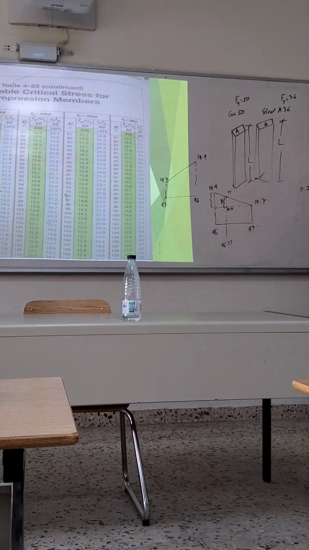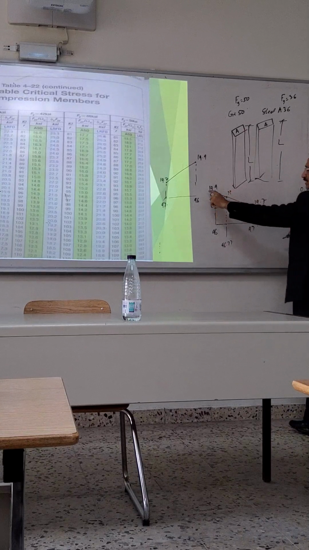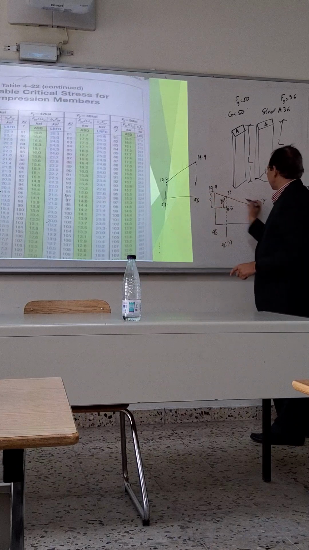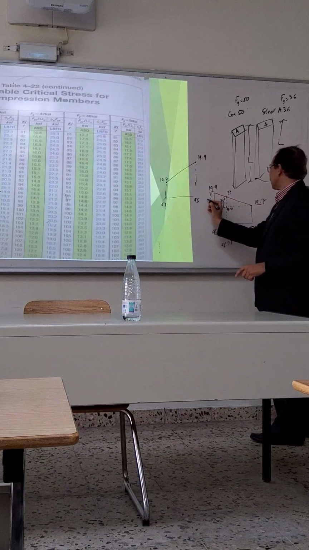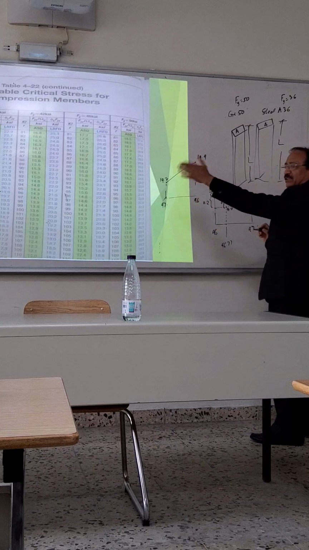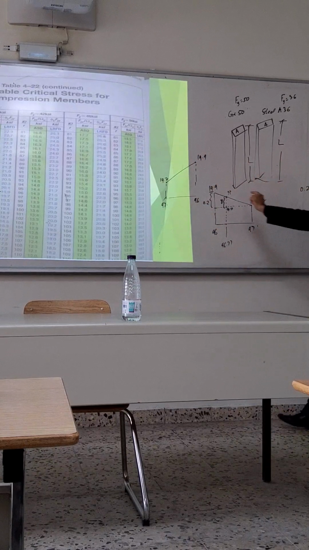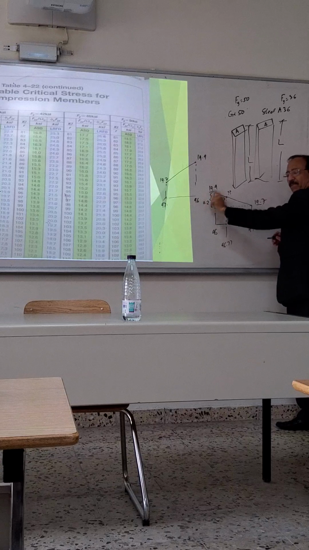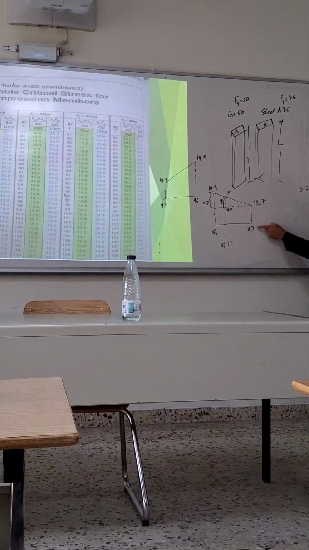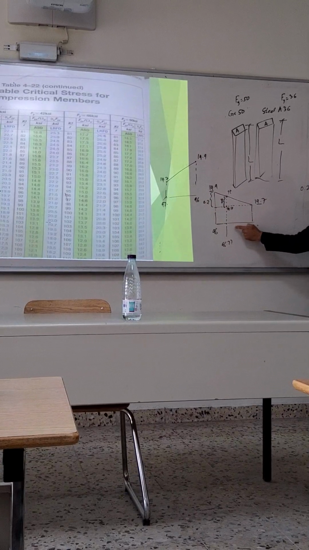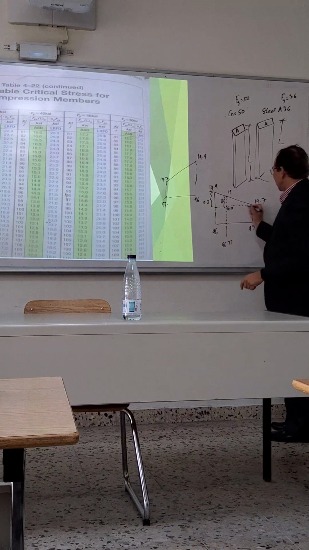With the help of similar triangles, this is the distance between this value and this value, 0.2 from the data sheet, and this distance is 1.